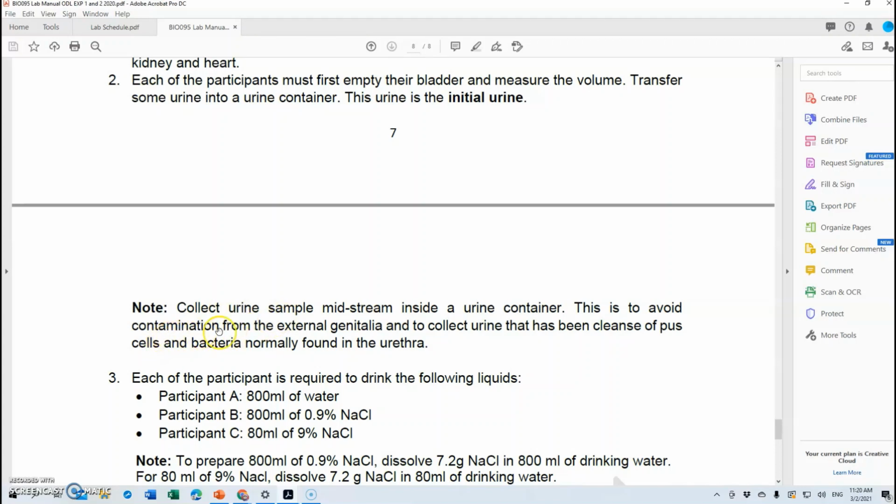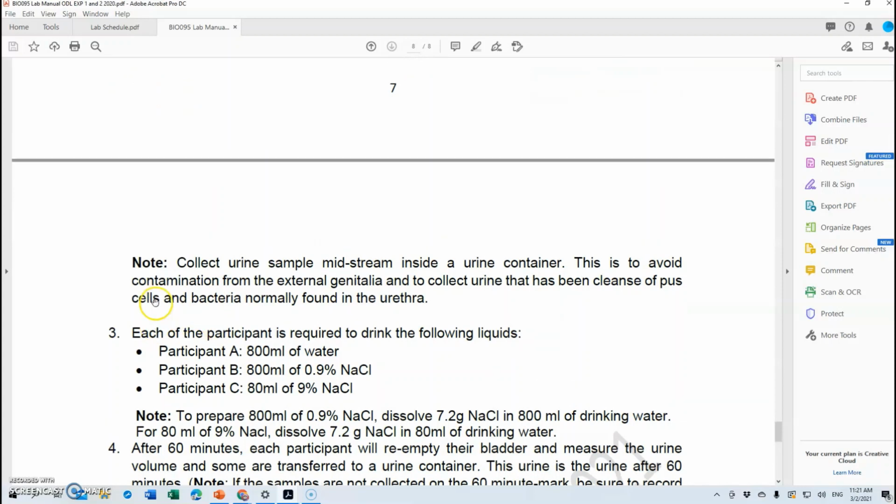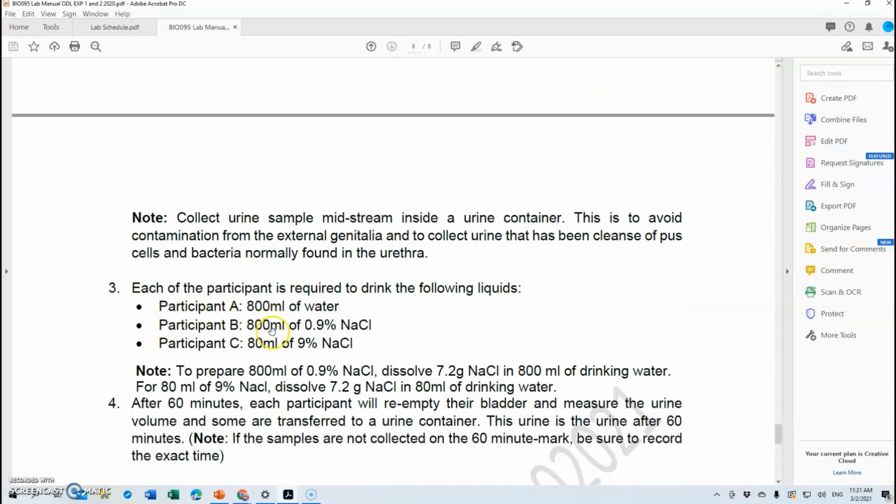This is to avoid contamination from the external genitalia, and to collect urine that has been cleansed of pus cells and bacteria normally found in the urethra. That is why you have to collect the midstream, to avoid contamination at the beginning of the urine.